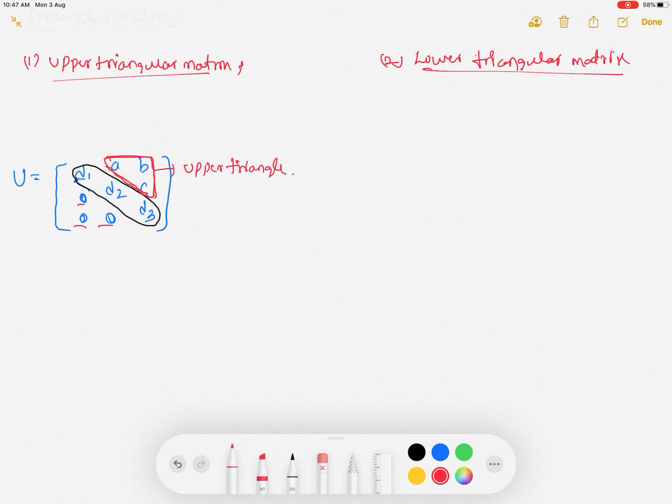Similarly, for a lower triangular matrix, let me denote it with L, all the elements above the principal diagonal are 0, and the elements below the principal diagonal need not be 0.